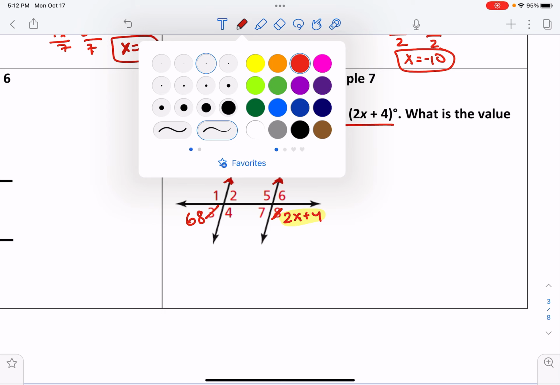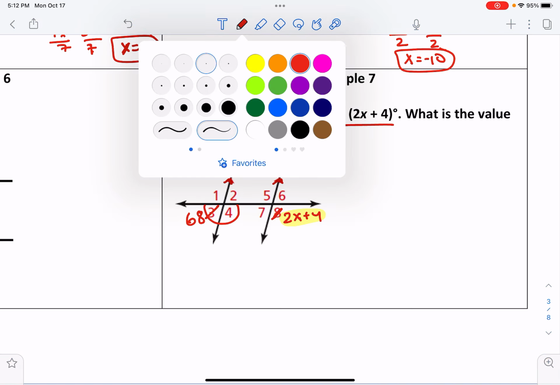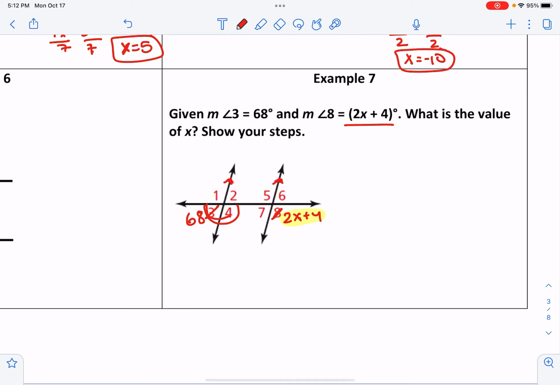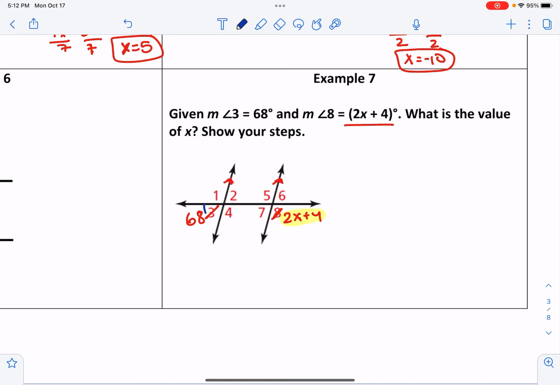Well, angle 4 and angle 3 are a linear pair. And a linear pair is supplementary. So I know 4 and 3 add up to 180, so 180 minus 68 is going to be 112 degrees. So angle 4 is 112.